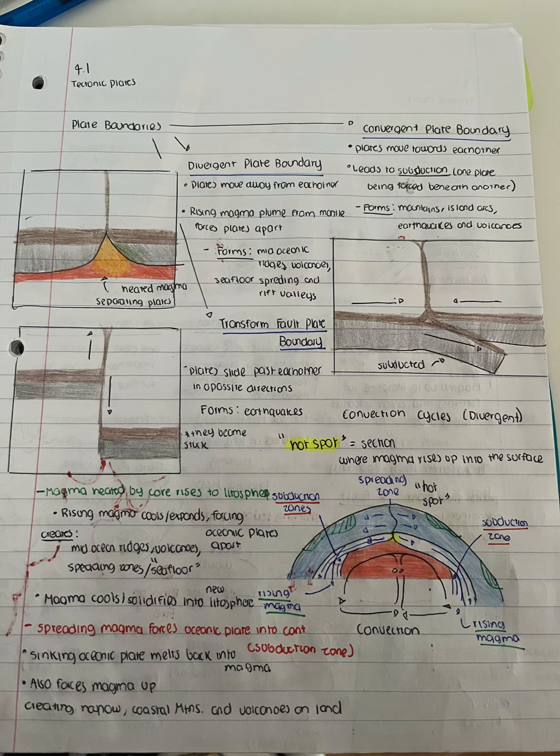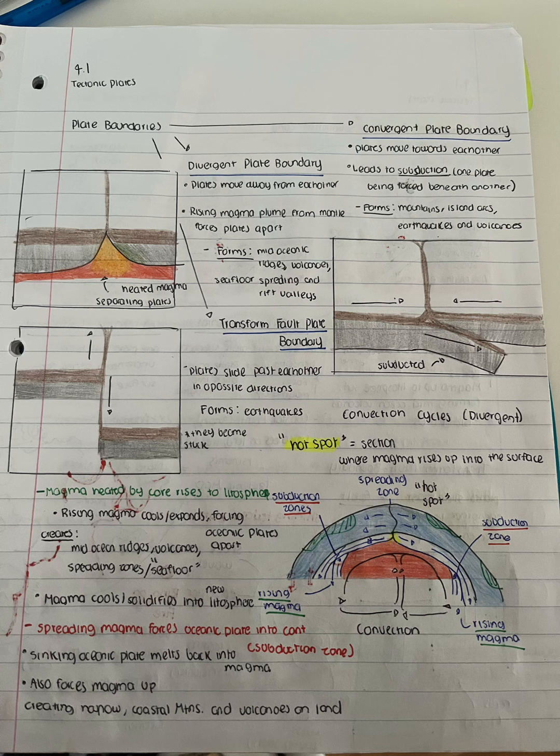Then we have a visual of convection cycles, which is the divergent boundary, and here it shows us a hot spot, which is a section where magma rises up to the surface. Magma heated by the core rises to the lithosphere, and rising magma cools and expands, forcing oceanic plates apart.